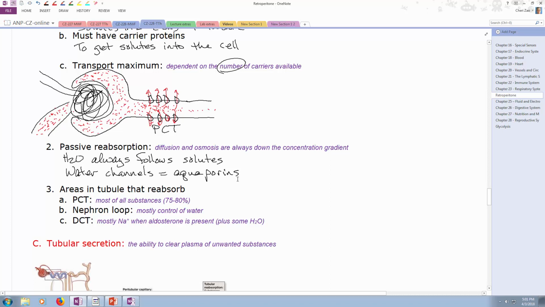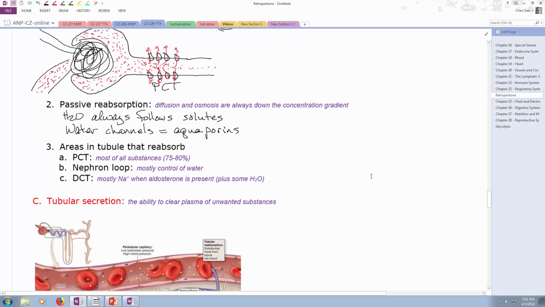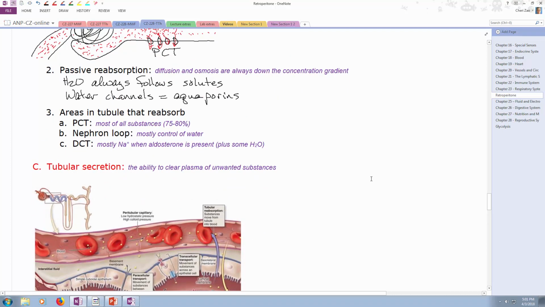Areas that are responsible for the reabsorption of solutes and therefore water: the proximal convoluted tubule is the star of the show, absorbing almost all of our substances, 75 to 80% of our solutes, and therefore water is absorbed. In the nephron loop, we're going to see that it's more important for water movement.